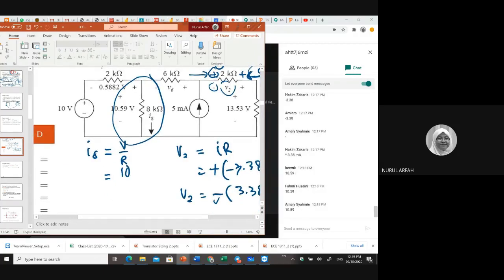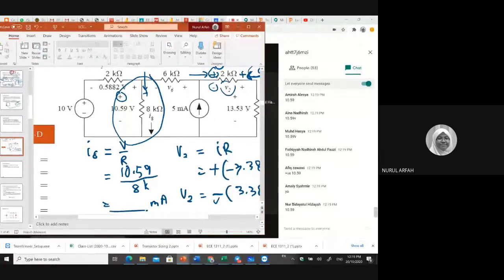Yes, 10.59 is a positive, right? Because current is entering a positive here, and same as this one. And then divide by 8K. Then you will get the answer in milliampere. Okay, good.